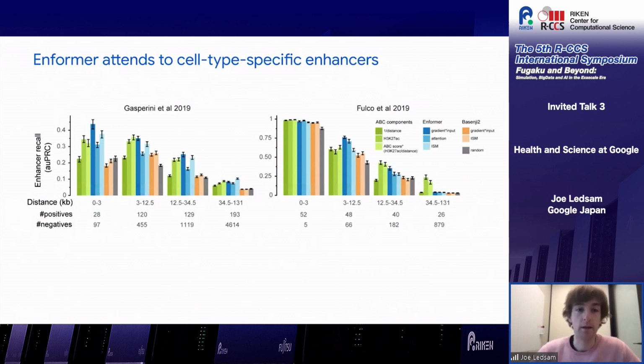In most cases, our model is either as good or better at predicting these, and the performance is still good quite distally, as we go quite far away from the index variant we're looking at. So again, this helps give us confidence that the model is really learning something that is biologically relevant.